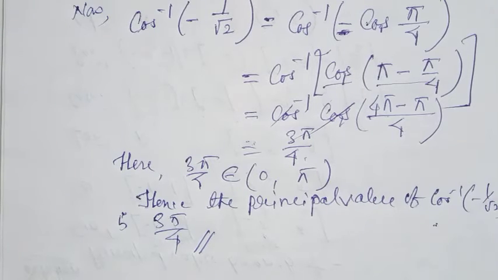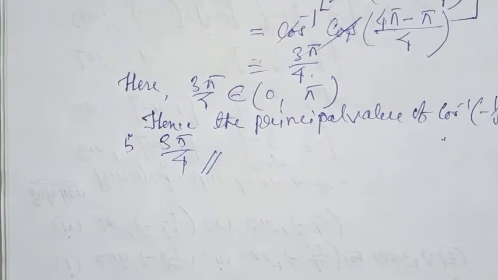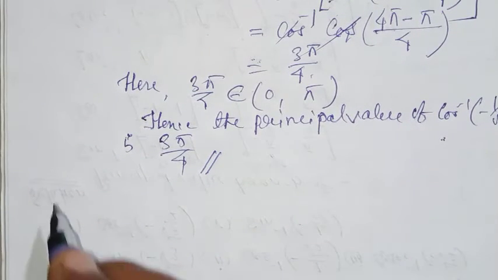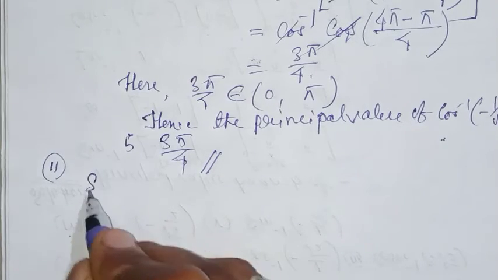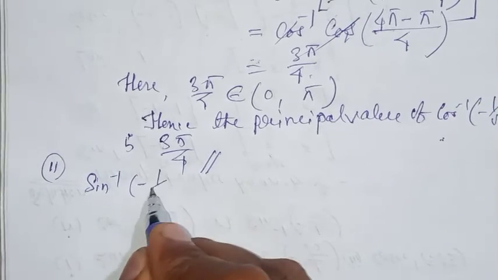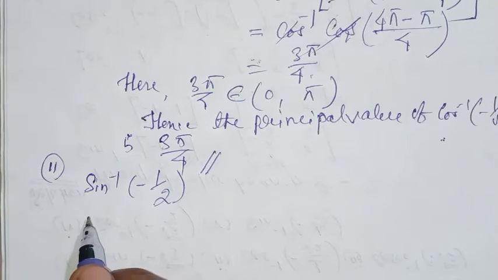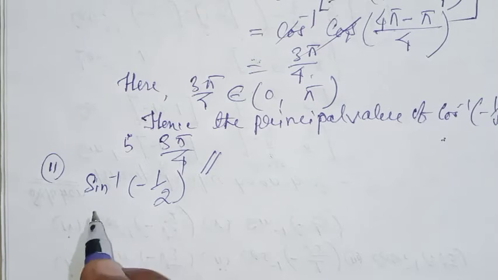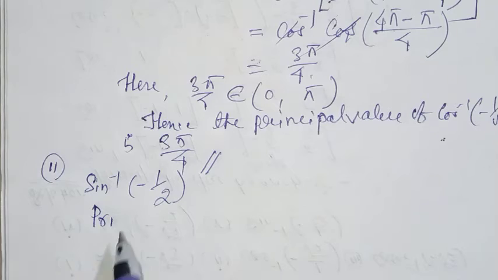In this way we have to solve the sum. Now we are going to do the next sum, that is number 3. Sine inverse minus 1 by 2. Principal value branch, the sine inverse function is in principal value branch.